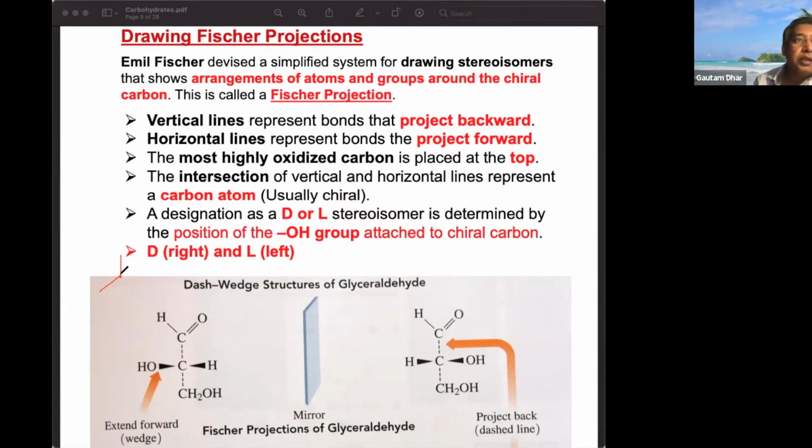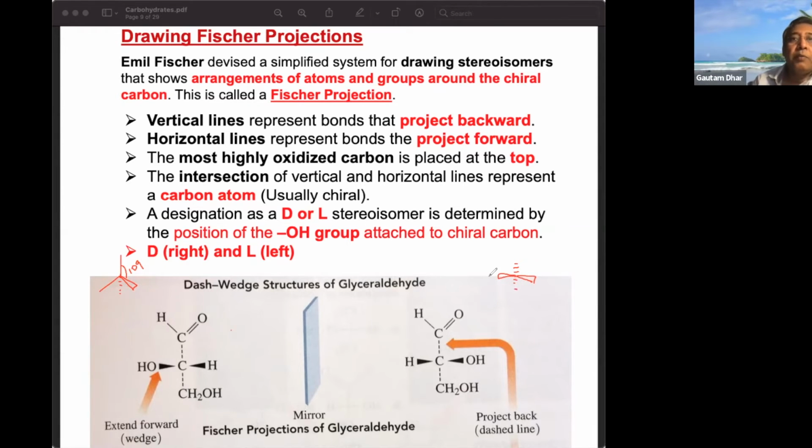This is wedge-dash notation, showing the carbon as tetrahedral. Each angle is 109.5 degrees. If you hold the molecule like this, two bonds are coming towards you, which we draw as solid wedges, and two bonds are going away from you at the back, like a fan.